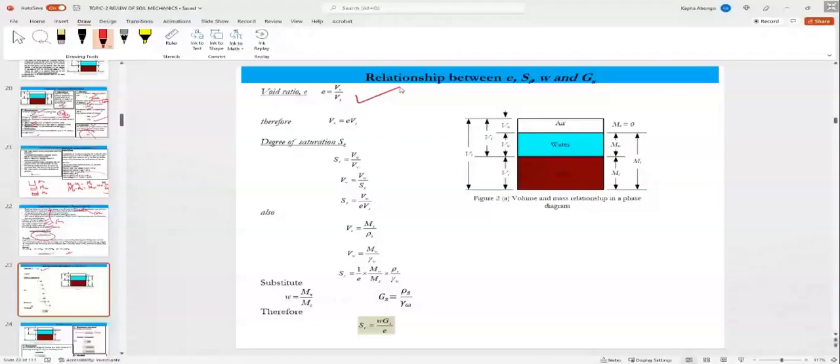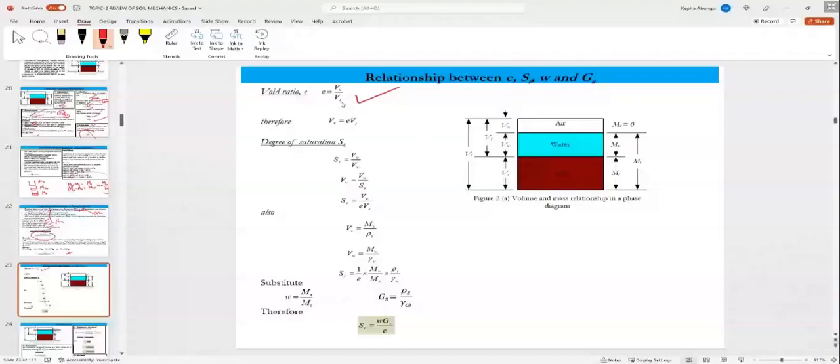Quite a good number following. All right, very good.